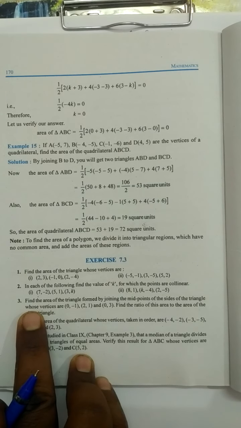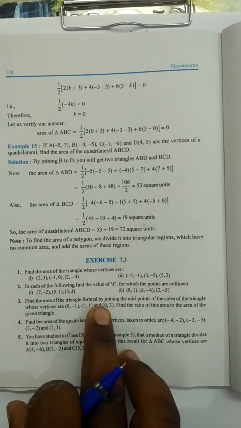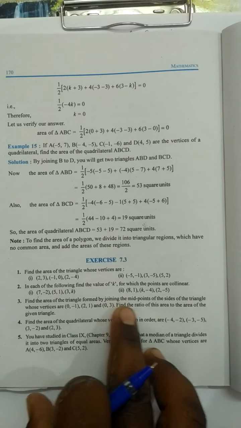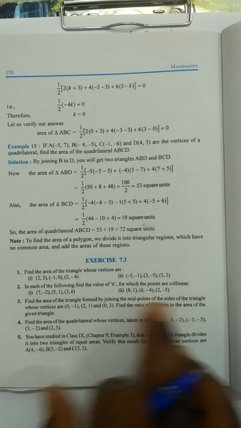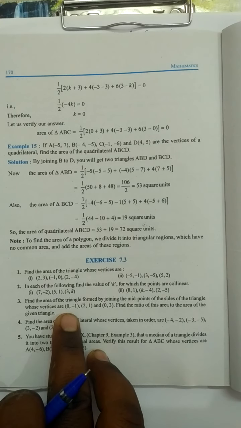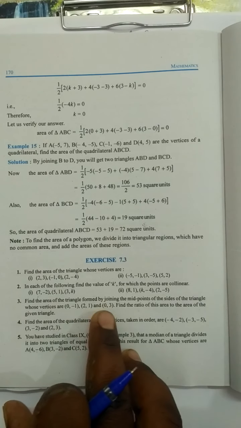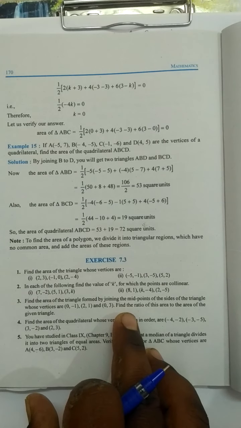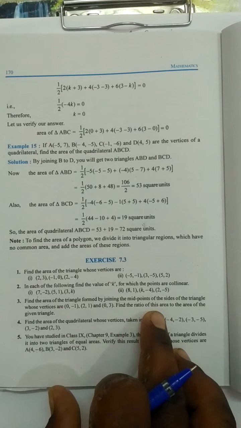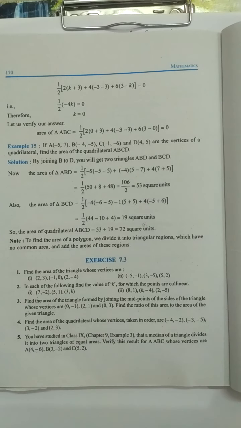The third problem is: find the area of the triangle formed by joining the midpoints of the sides of the triangle whose vertices are (0, -1), (2, 1) and (0, 3). Find the ratio of this area to the area of the given triangle.